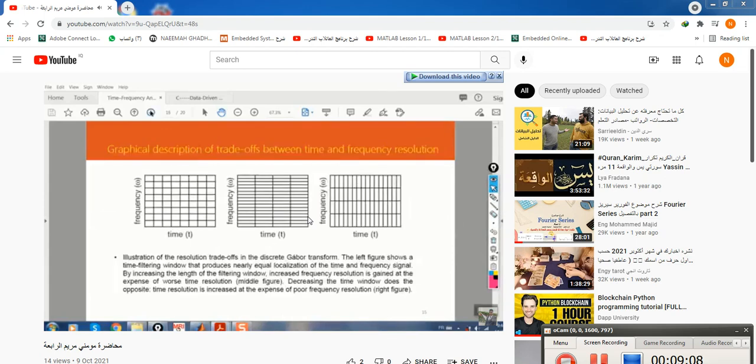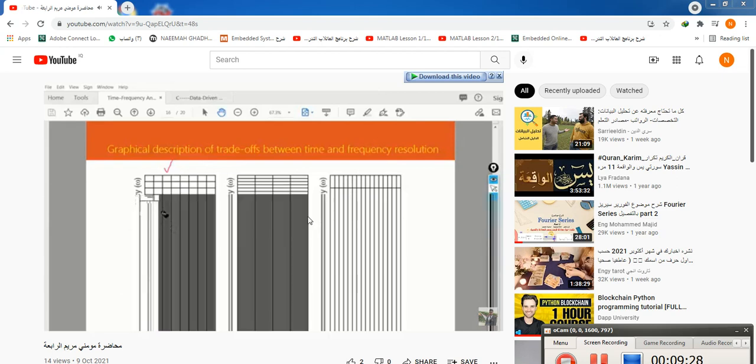Okay. And again, in this graphical description, there is a trade-off between time and frequency. In this diagram, you see the resolution of time and frequency is the same. The resolutions are similar to each other.